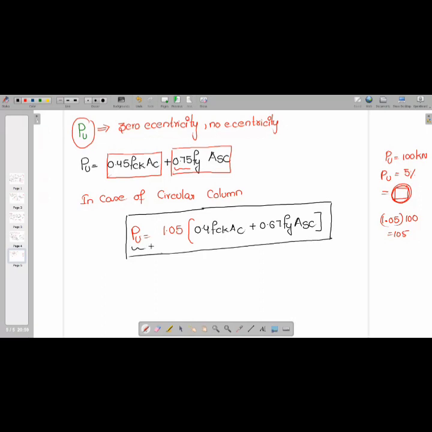So you can write ultimate load is equal to 1.05 times the rectangular load. For this example, students, 5% extra load will be taken by the circular column.